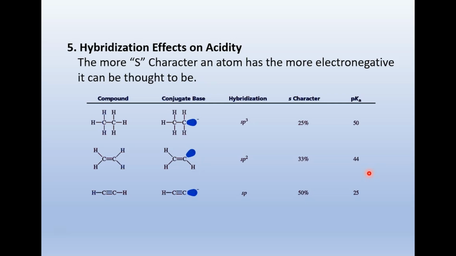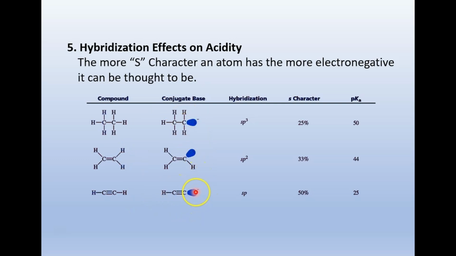So it says here, the more s character an atom has, the atom being carbon, I should maybe have written carbon instead of atom. Well, there are other atoms that we could look at. The more electronegative it can be thought to be, the more happy it can be with the negative charge.